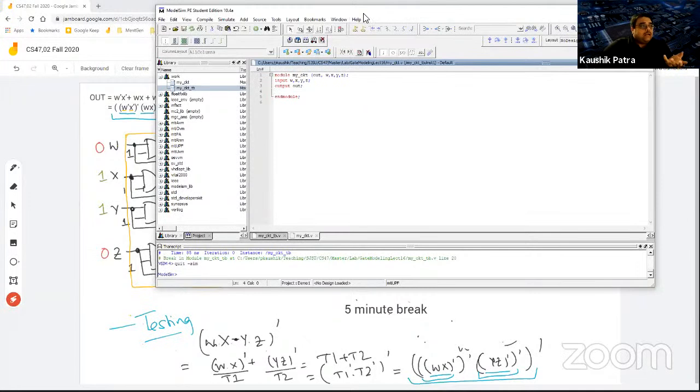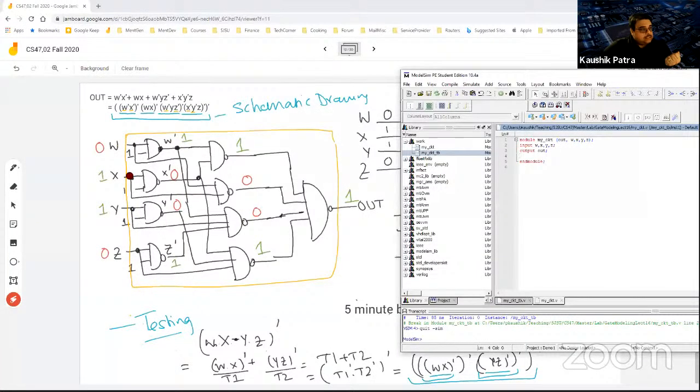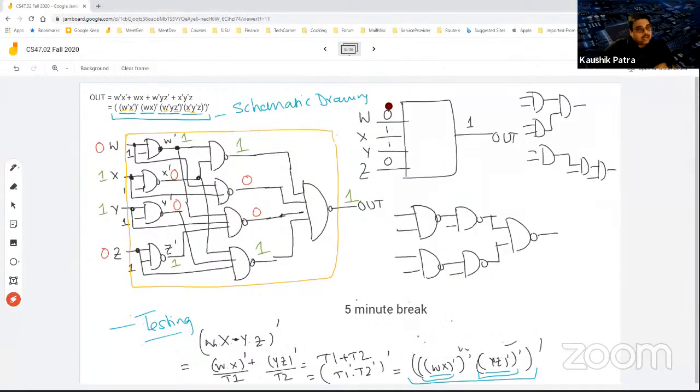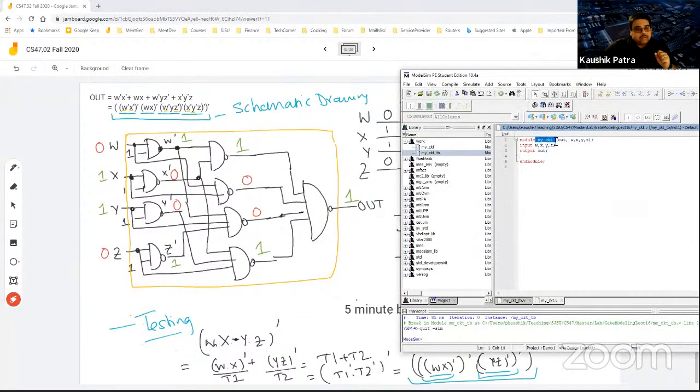So in this circuit, one way we can start defining this hardware circuit as we drew here: let's say this circuit has 4 inputs and 1 output, and that's what we are defining here as a module. Let's name it my circuit module, and it has output and input ports. We define W, X, Y, Z as the input ports, and our output is the output port.